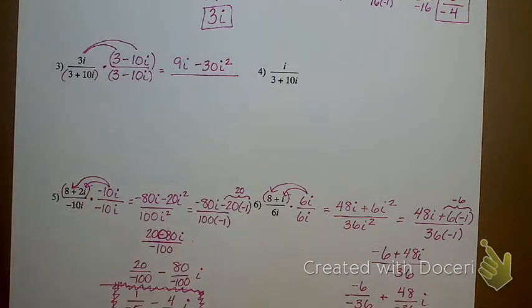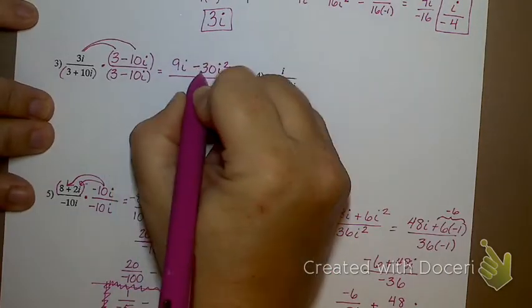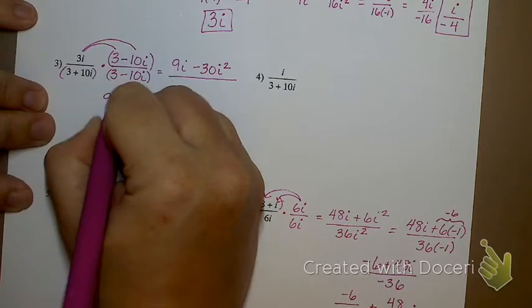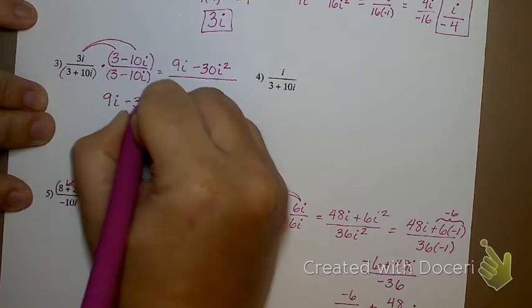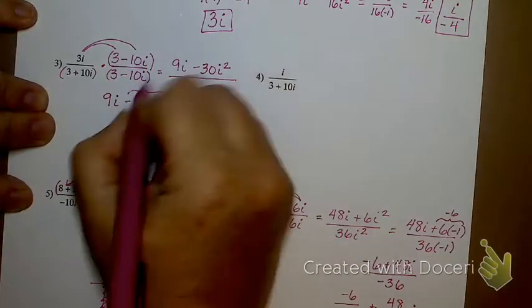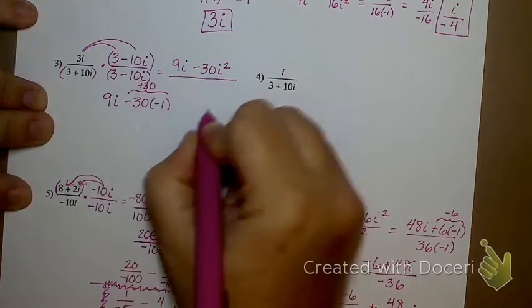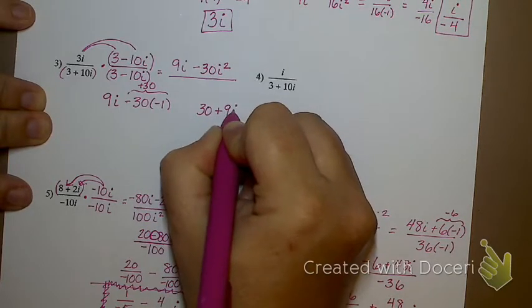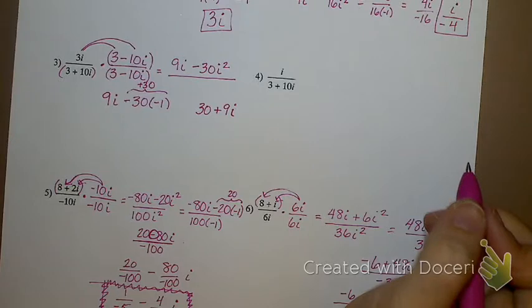So, 9i minus 30i squared. The i squared needs to be replaced with a negative 1. So I have minus 30 times negative 1, which becomes positive 30. So that simplifies to 30 plus 9i. That's my numerator, as simple as it'll go.